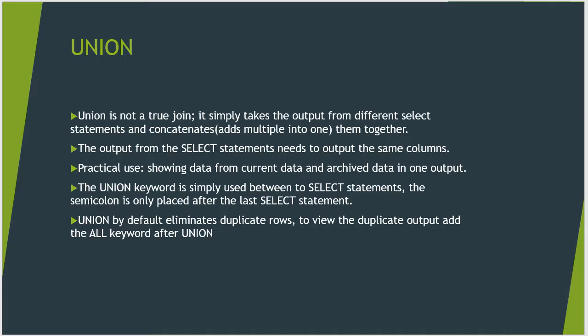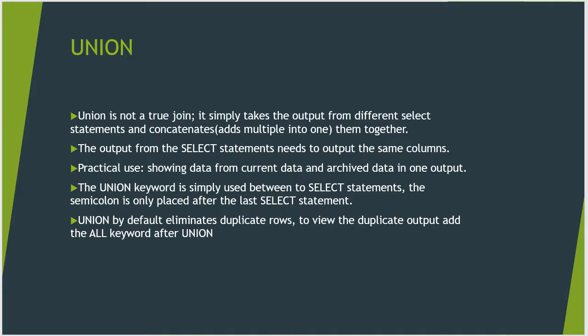So if you wanted to combine current year sales with last year's sales, you could select the table that contained current year and the table that contained 2019 and union those two select statements together to get a full listing of everything sold in 2019 and 2020. So we don't have an archive table within our Chinook database, but we can practice the union.